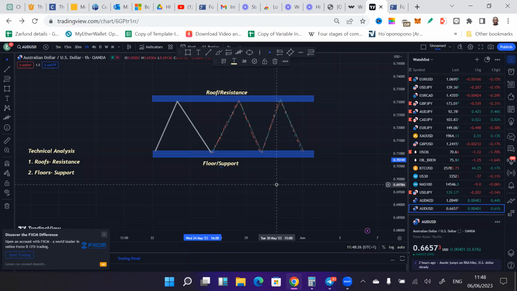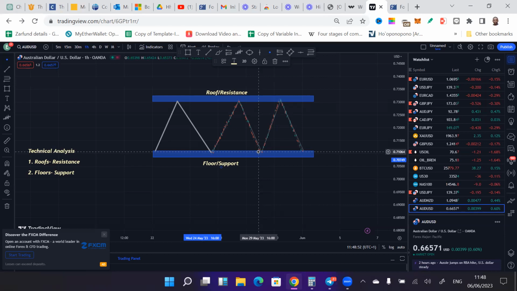If you wait for price to get to a floor or a support, then you buy, you are likely to make profit. You're likely to have price going in profit when you buy at the floor, and when you sell at the roof. At a roof is where you want to sell. At the floor is where you want to buy. That is the concept behind it, and that's what you want to understand.